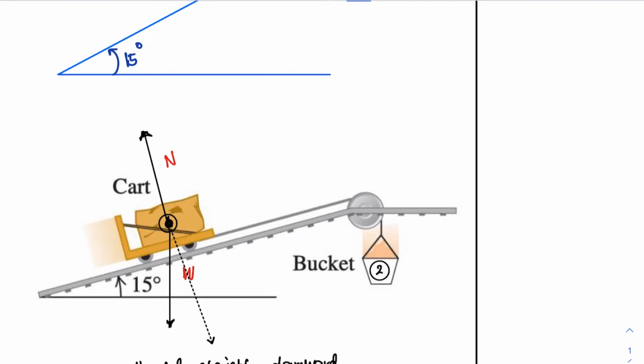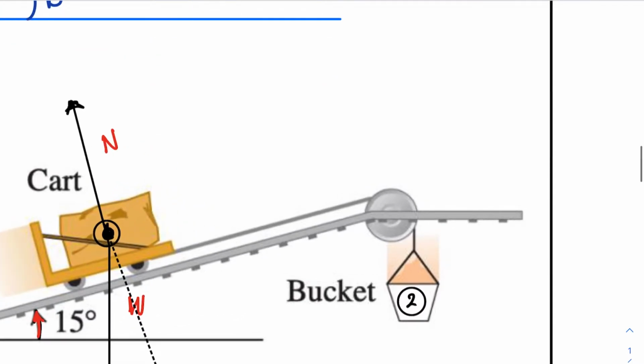And then take note that this angle here is 15 degrees, right? So that's very clear. It's given in the problem that that is 15 degrees. Now, why did I extend from my normal force up until the imaginary dotted line here? Because I'm just going to rewrite the position of this weight here. So this is my W, this is weight.